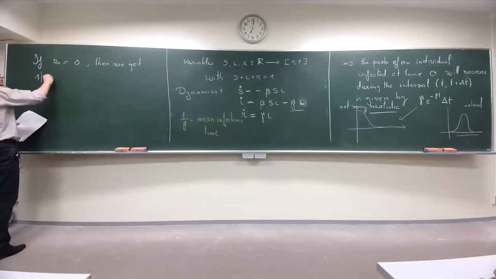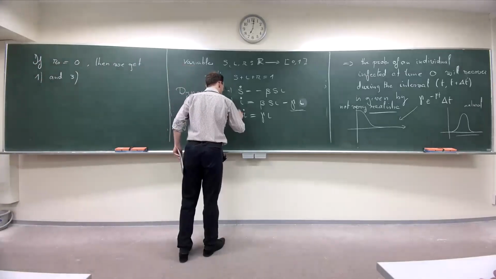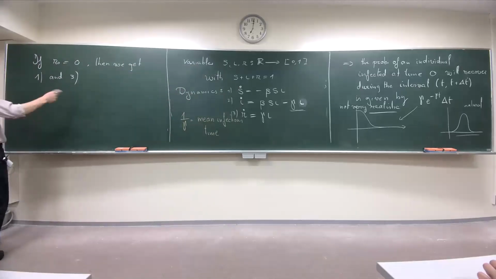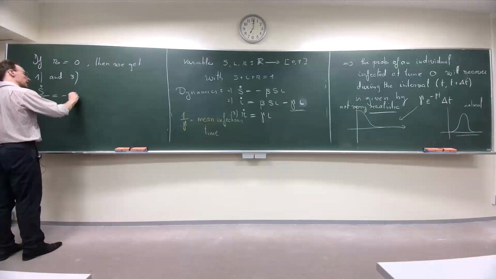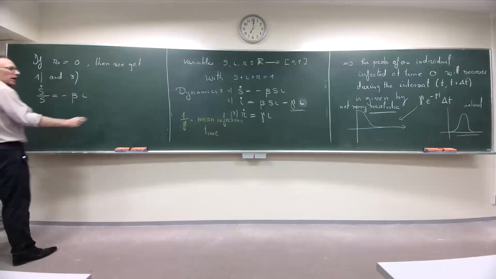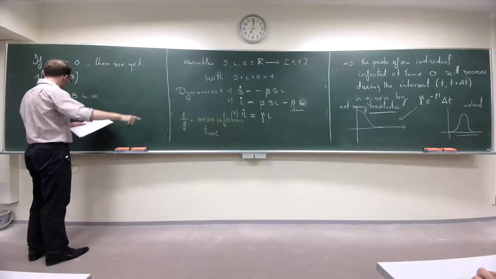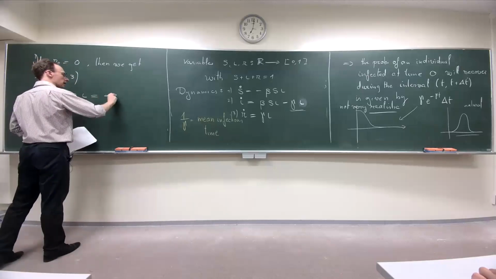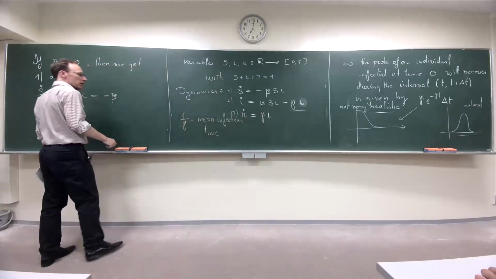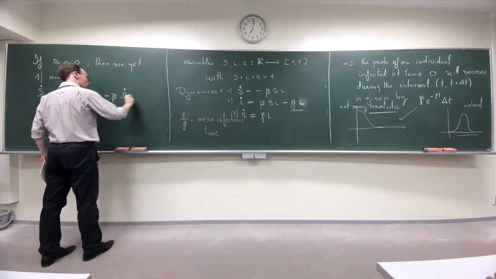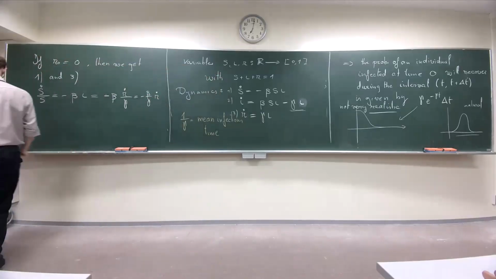We get from equations 1 and 3, from 1, that S dot over S is minus beta I. And this is also equal to minus beta times I, which I get from the third equation. So it is R dot over gamma, and I'm going to write it as minus beta over gamma R dot. This is what I wanted to get.